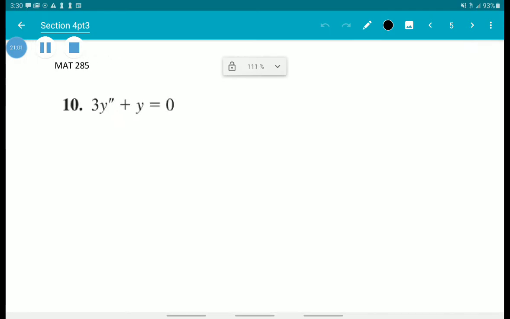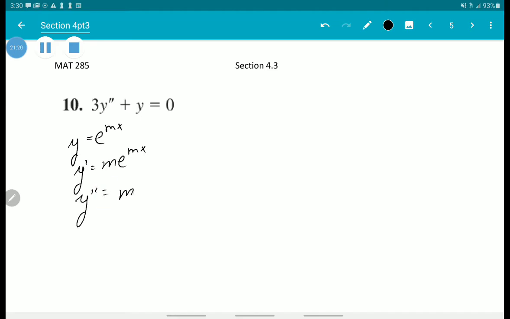Okay, let's do another one. So we're assuming we have a solution in the form y equals e to the mx.